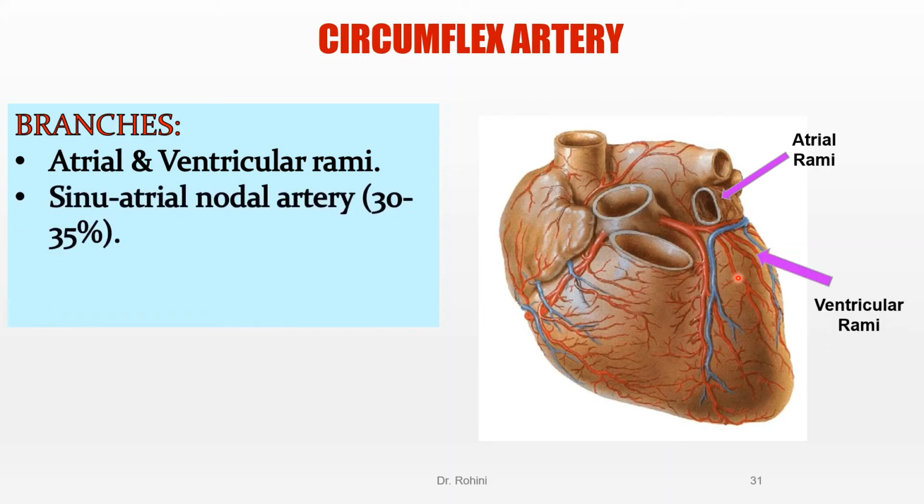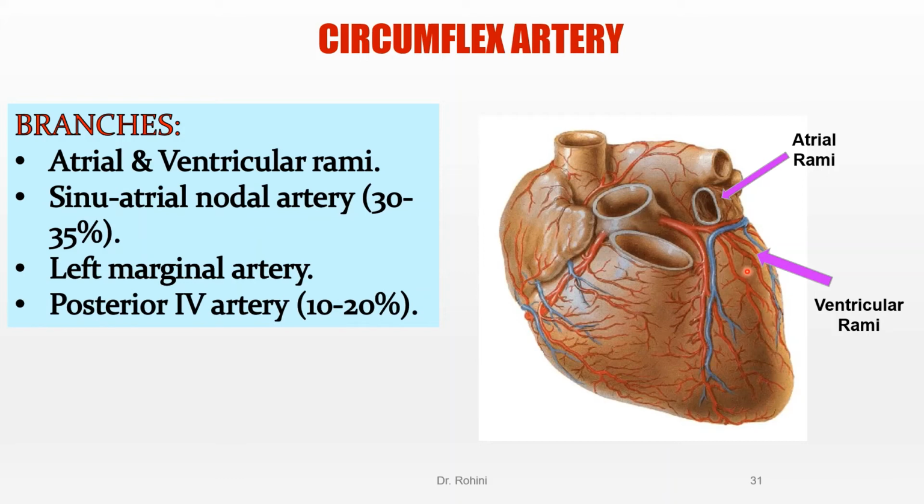Now, as I told earlier, in 30 to 35% of cases, one of the branches from circumflex artery will supply SA node. And one of its ventricular rami towards the left border, towards this border, is larger, and then it is called left marginal artery, and it gives posterior interventricular artery in 10 to 20% of cases, as I mentioned earlier.